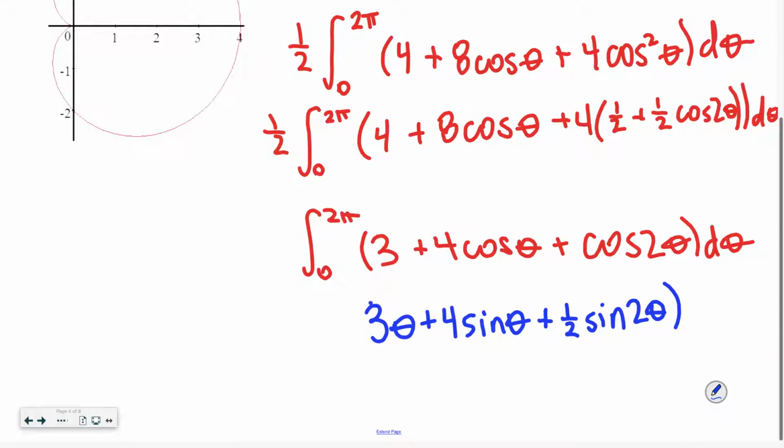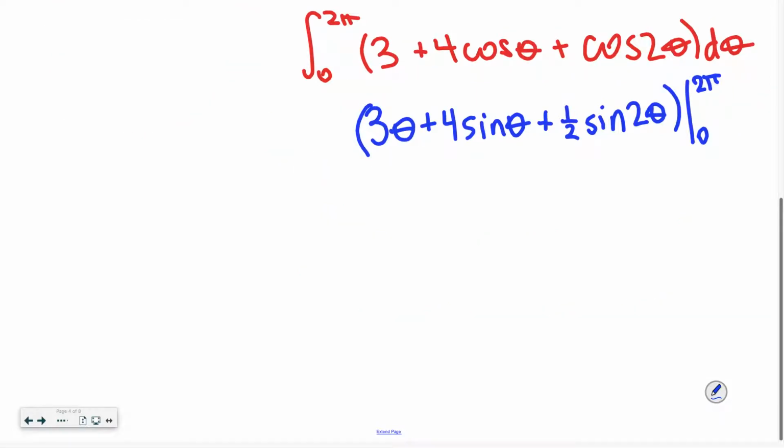We are going to have to evaluate that from 0 to 2 pi. Well, 0 plus 0 plus 0, 6 pi plus 0 plus 0. It's 6 pi.